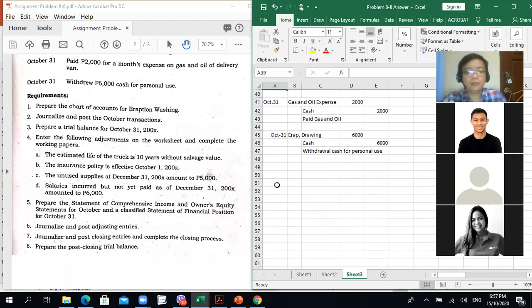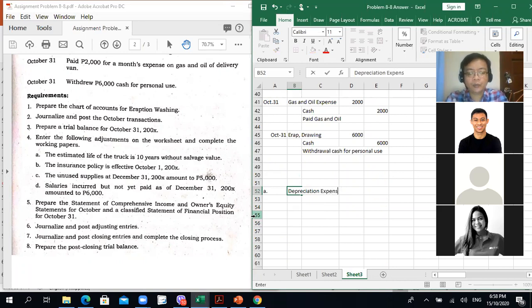Next is all about number 4, which is letter A. Estimated useful life of the truck or delivery van is 10 years without salvage value. So we will compute for the depreciation expense.